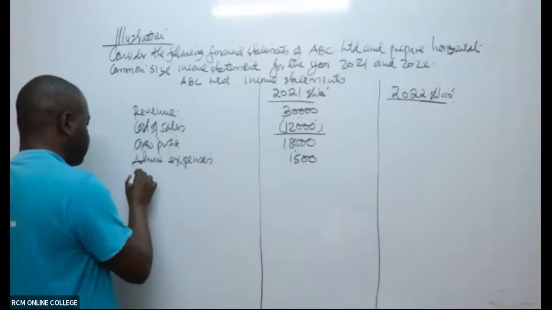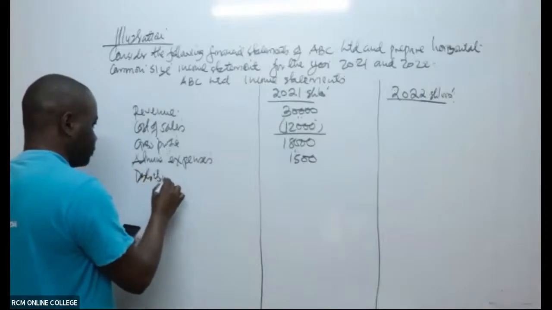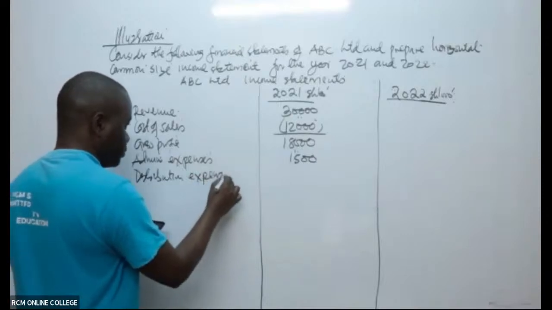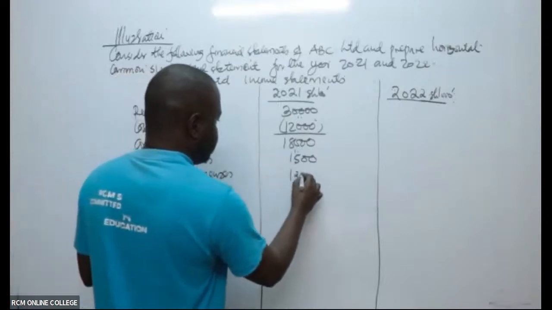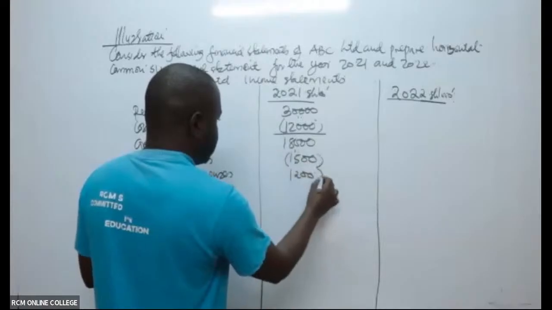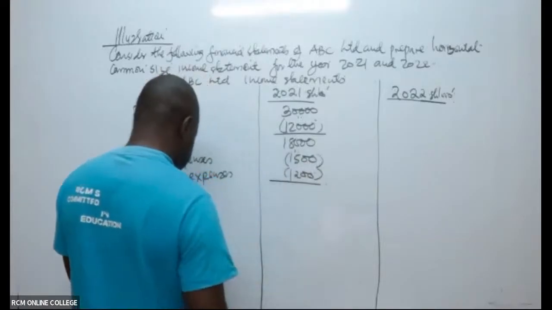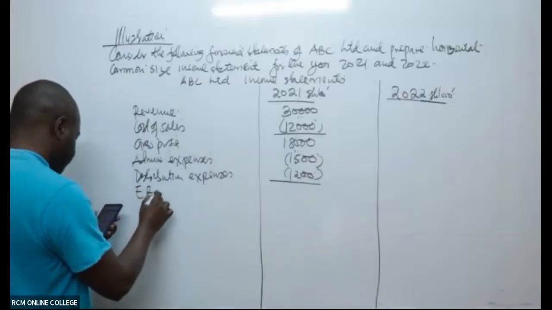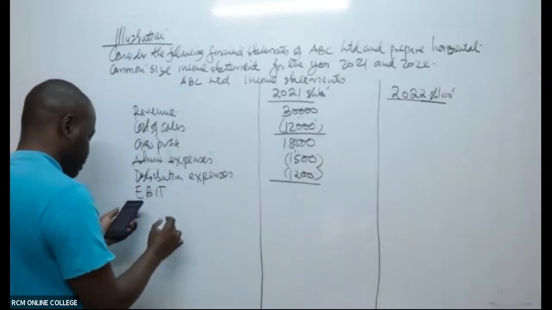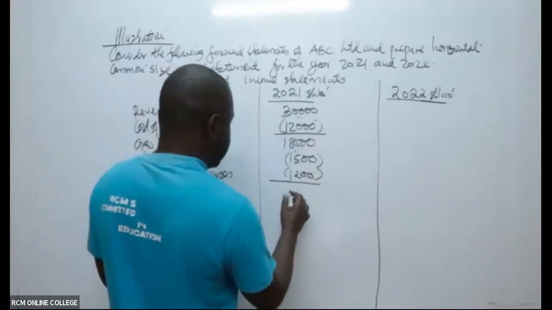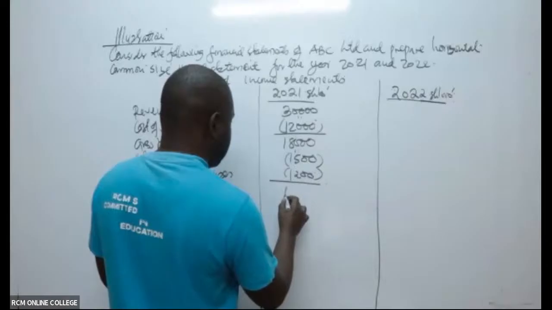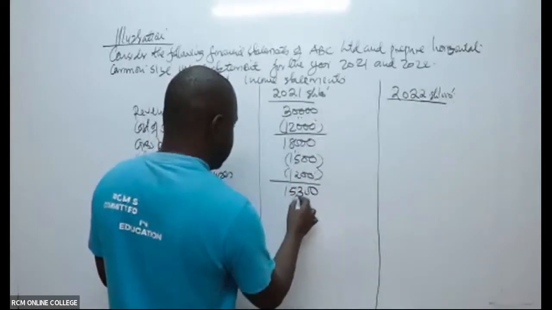Distribution expenses, 1.2 million. If you less those, it will give you earnings before interest and tax of, I think, 15,300.